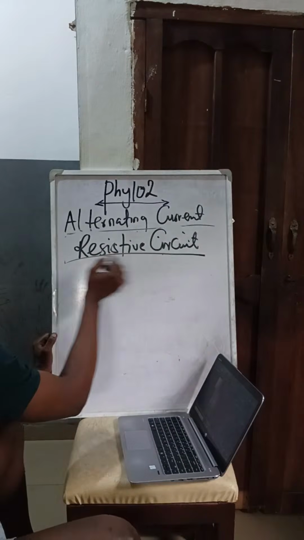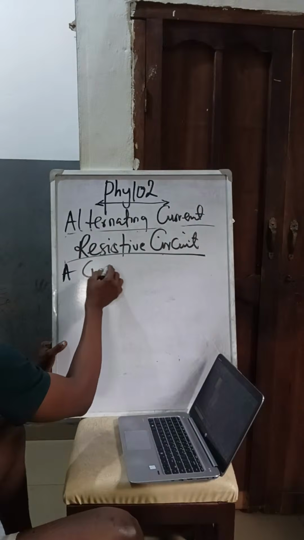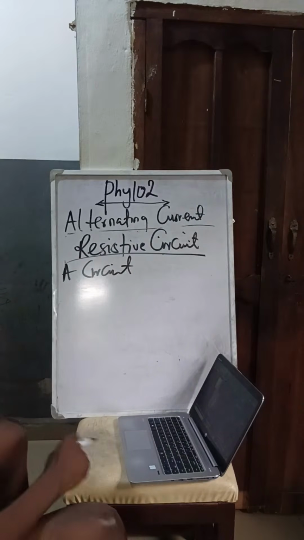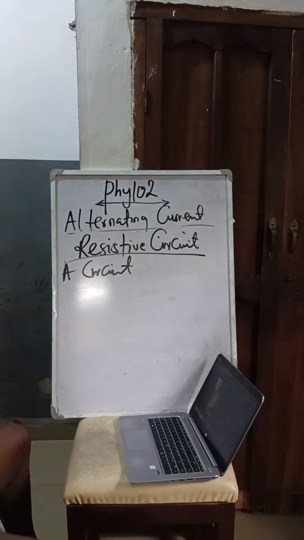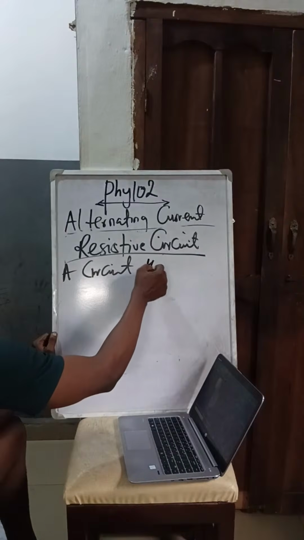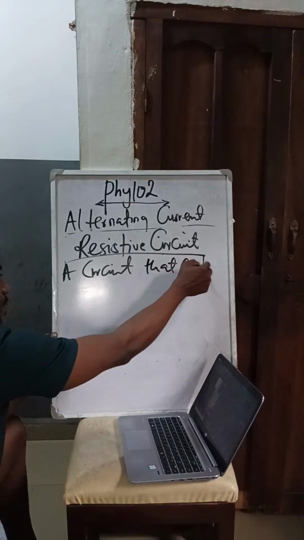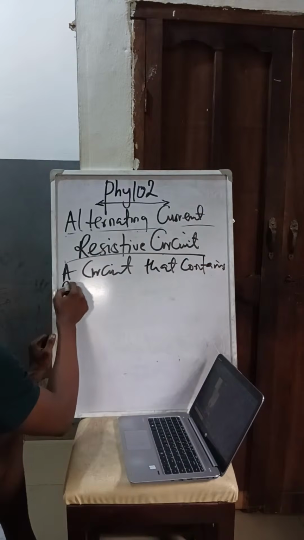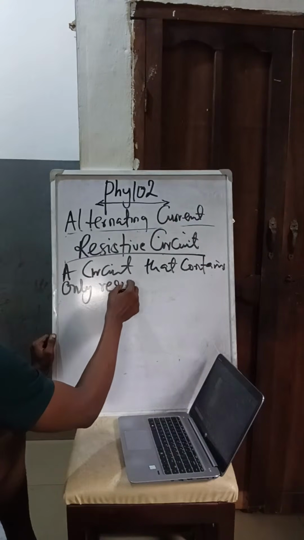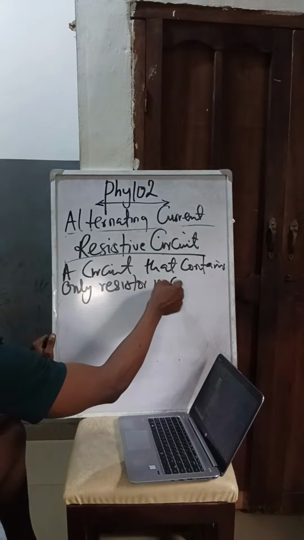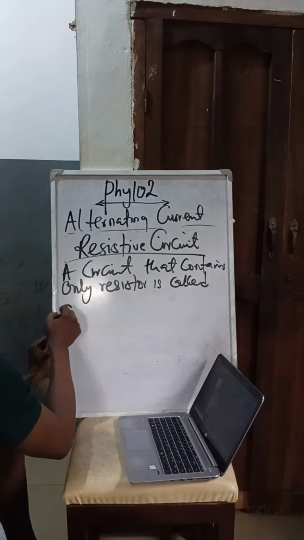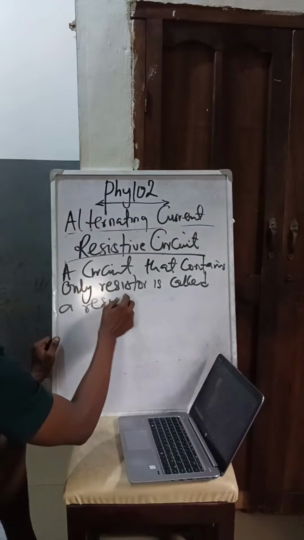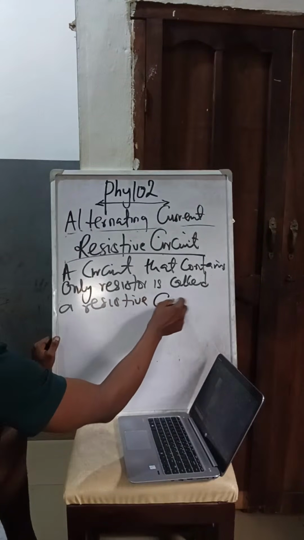What we have is a resistive circuit. A circuit that contains only resistor is called a resistive circuit.